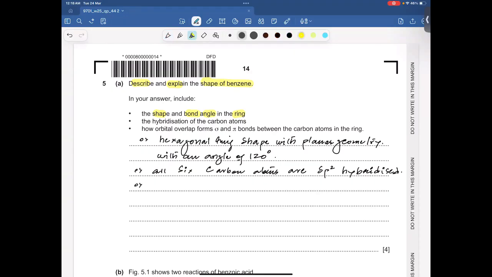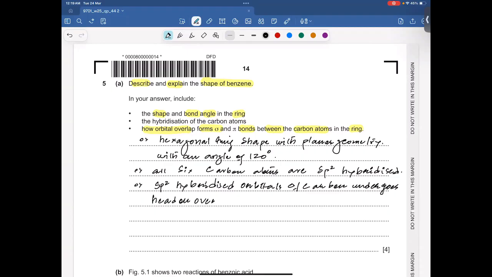Next, how orbitals overlap to form sigma and pi bond between the carbon atoms in the ring. sp2 hybridized orbitals of carbon undergo head-to-head overlapping, also called head-on overlapping, to form a sigma bond.